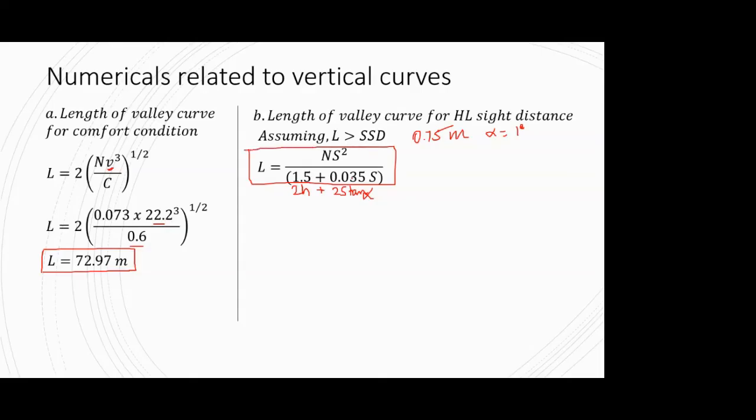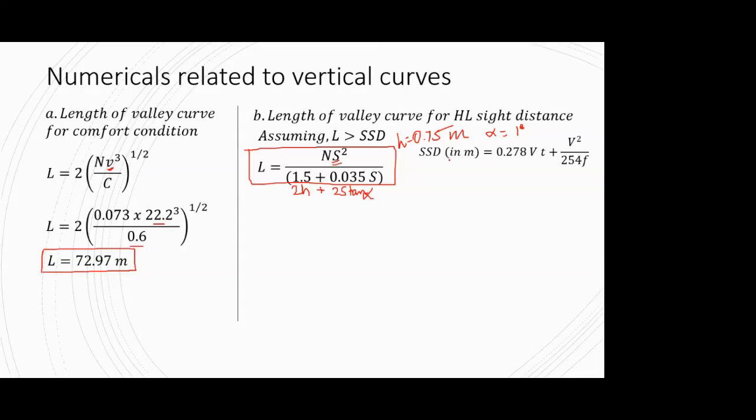If you are using some other values of h and alpha, then you cannot use this formula. You have to go back to the basic formula of L is equal to N S square upon 2h plus 2 S tan alpha. Okay. So now in this, we don't know this S value till now. What is the sight distance?